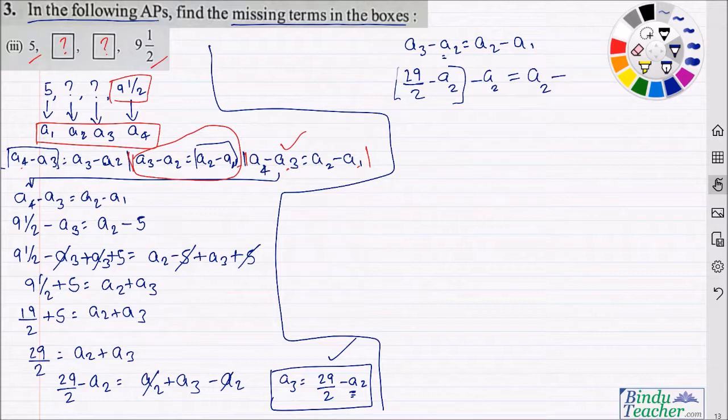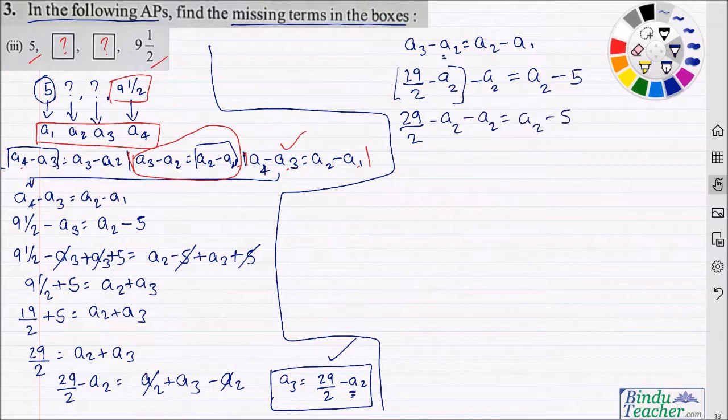We already have the value of A1 as 5, so I'll write 5 here. So now we'll remove the bracket and we'll start simplifying the equation. 29 by 2 minus A2 equal to A2 minus 5.